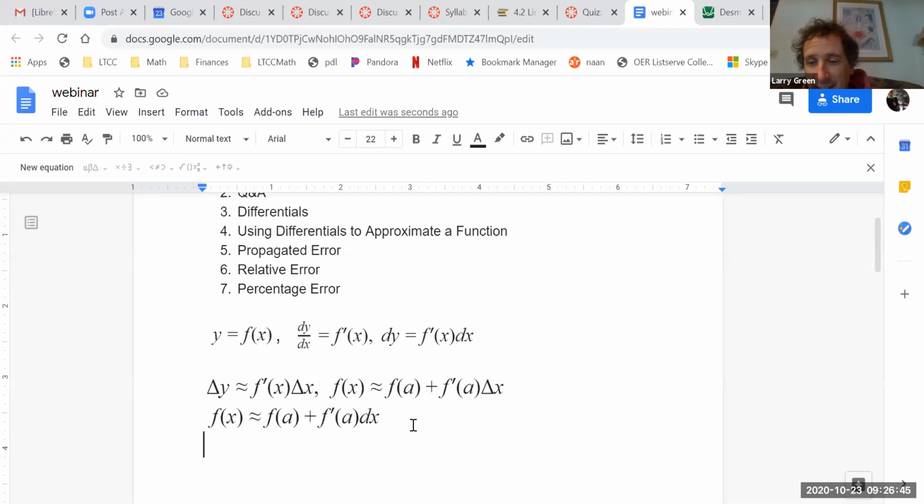It's not a math thing. Writing it, especially on a test. On a test, you can write down dx instead of delta x, and that's fine. Technically, dx is infinitesimally small, and delta x is not. Delta x is small, but not infinitesimally. But in this section, you can get away with it. Any questions on this idea?